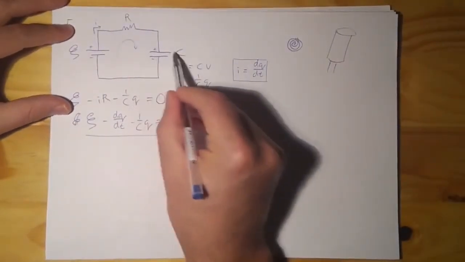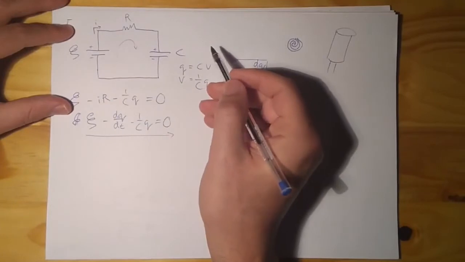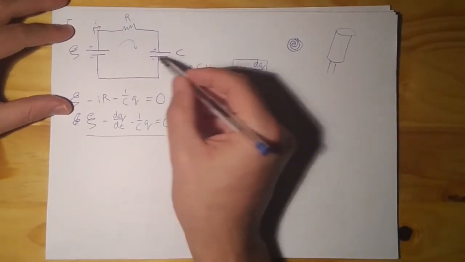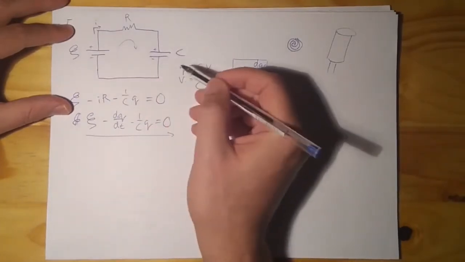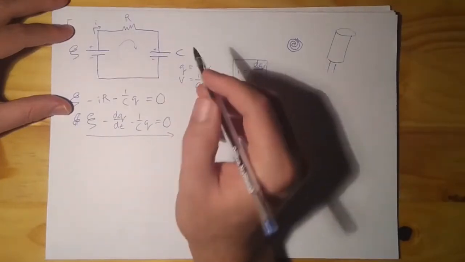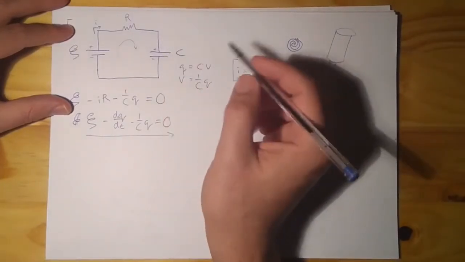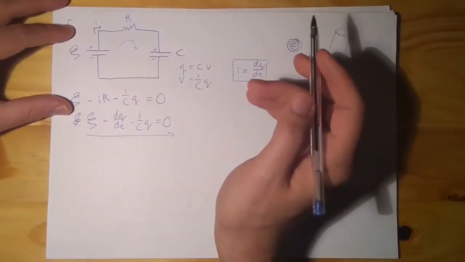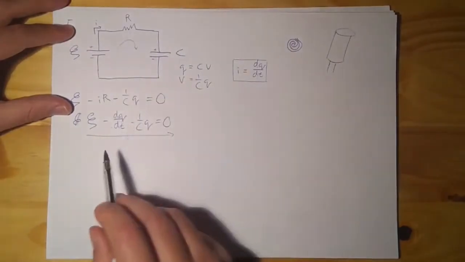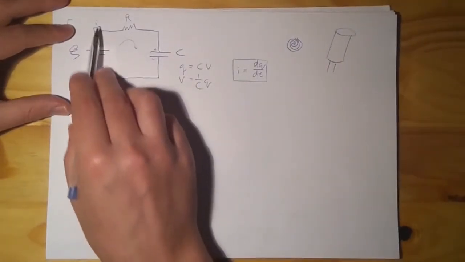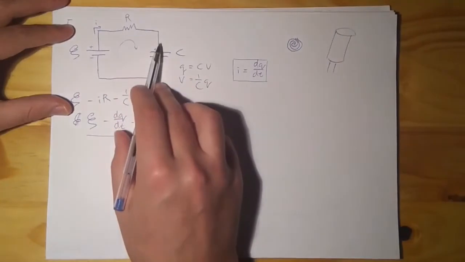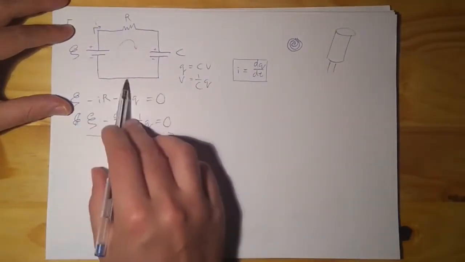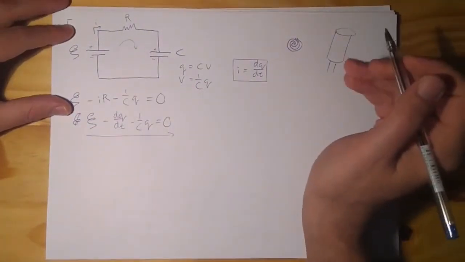In other words, the positive plate's charge is increasing at a rate of 1 coulomb per second, and the negative plate's charge is changing at a rate of negative 1 coulomb per second. So it should make sense that it is being fed with a current of 1 coulomb per second on one side and negative 1 coulomb per second on the other side.